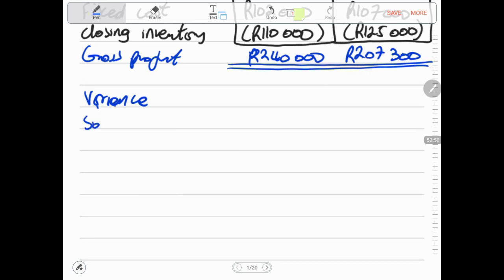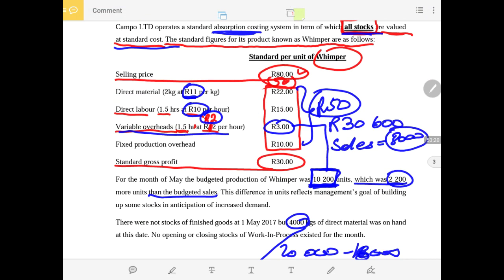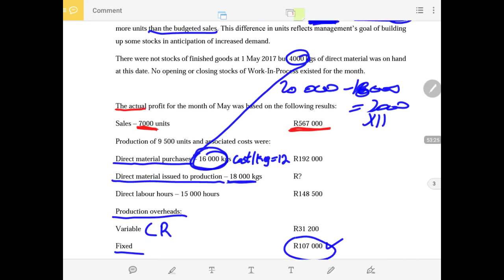My variance starts with the sales variance, and my sales start with the price. When it comes to the price, I am dealing with the selling price. My selling price is the actual price of 81 rand minus the 80 rand that I budgeted, times 7,000 units. We budgeted to sell our units at 80 rand, but we actually sold them at 81 rand.